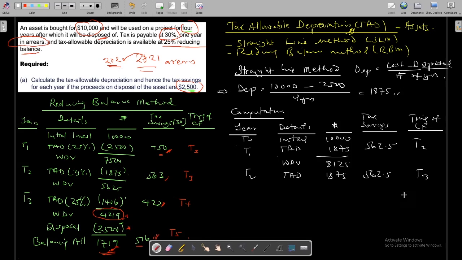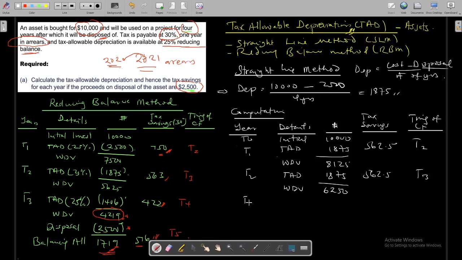This will be taken in year 3. We subtract 8,125 minus 1,875, and this gives us 6,250, the written down value for year 3.